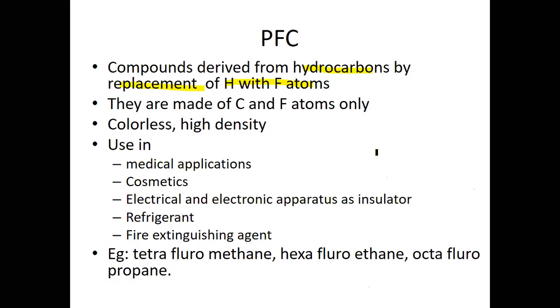In the ozone problem lesson, you have to learn about chlorofluorocarbon. CFC means carbon, fluorine, and chlorine. Instead of having a chlorine atom, we can replace it with a hydrogen atom. Those are called perfluorocarbons: compounds derived from hydrocarbons by replacement of hydrogen with fluorine atoms.